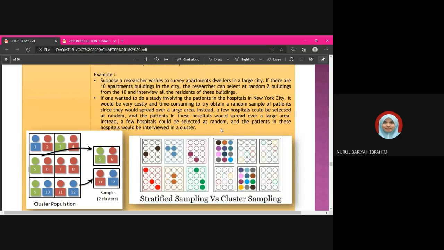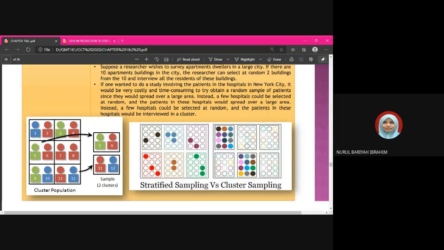So, kita boleh suggestkan the hospital will be the cluster and we just select a few hospitals saja ataupun a few clusters saja sebagai sample cluster and all the patients in the selected hospital will be interviewed.